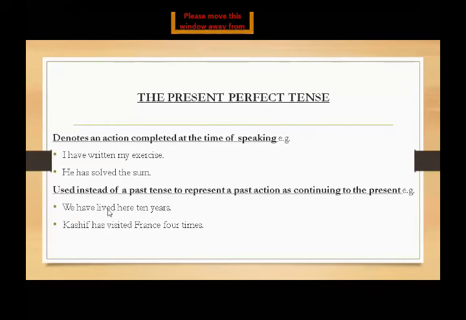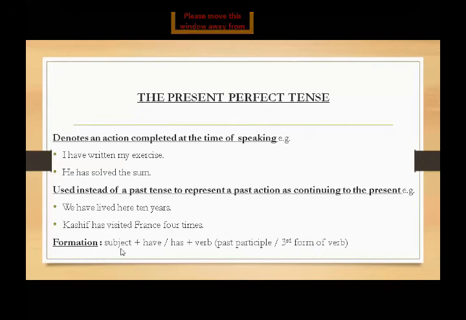Just like, we have lived here 10 years, means it was a past time when they lived in some house for 10 years, but we can use past tense too: we lived here for 10 years. One more example, Kashif has visited France 4 times. Means in the past Kashif went to France 4 times. So this is a past action, but we can use present perfect tense as well.